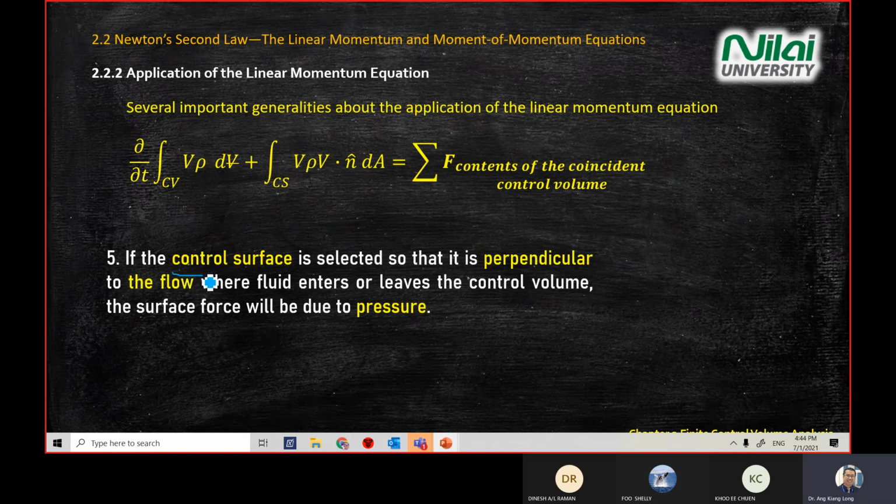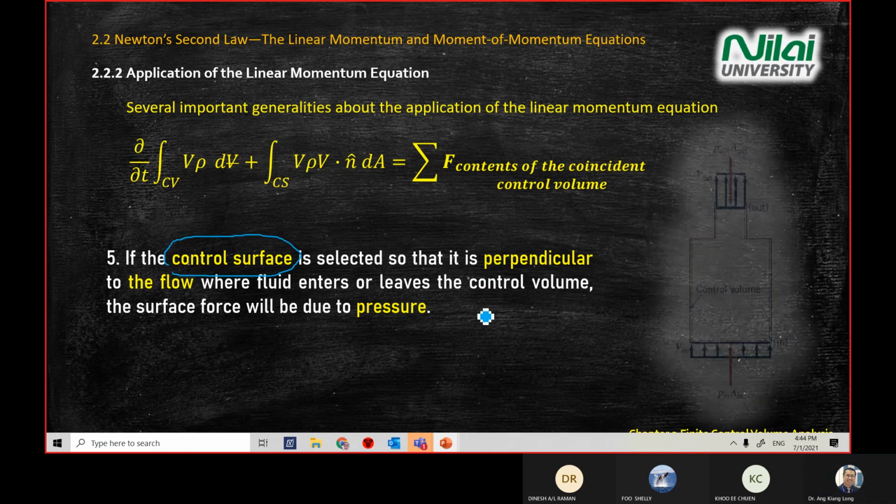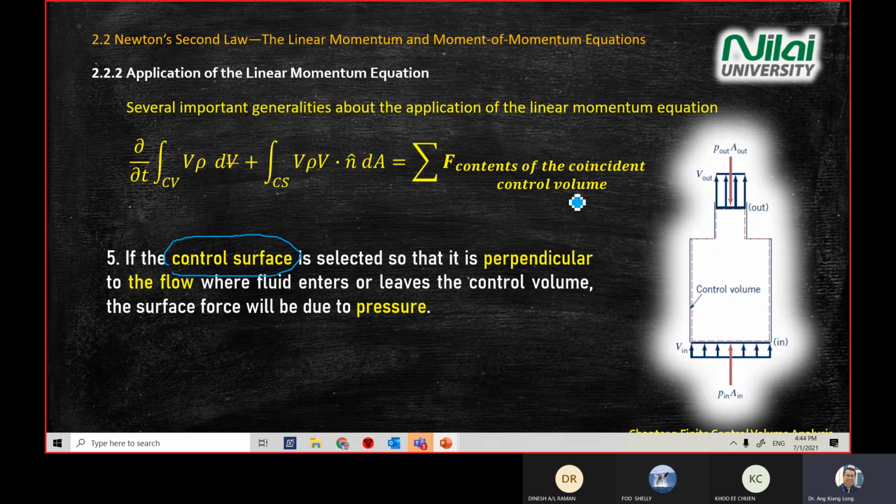Make sure the control surfaces that you draw are perpendicular to the flow. What does it mean? If you look at the diagram on the right hand side, the control surfaces that you pick, the dashed line, you will see that the flow is always perpendicular to the area.